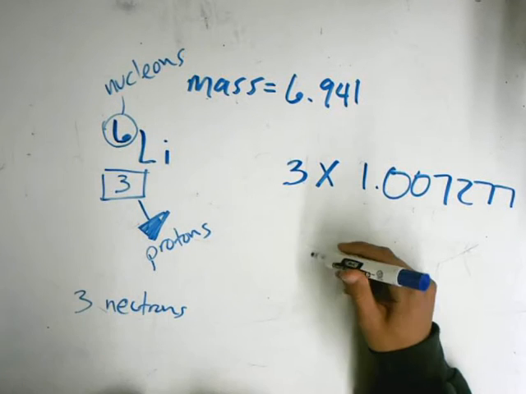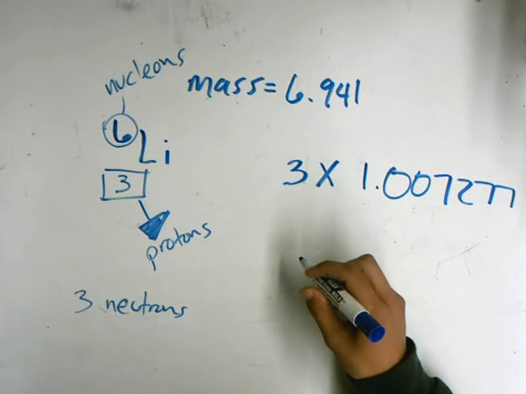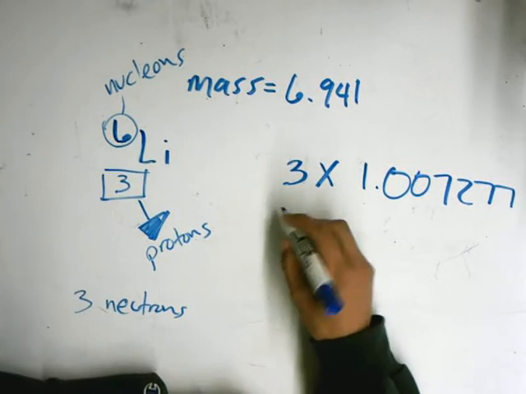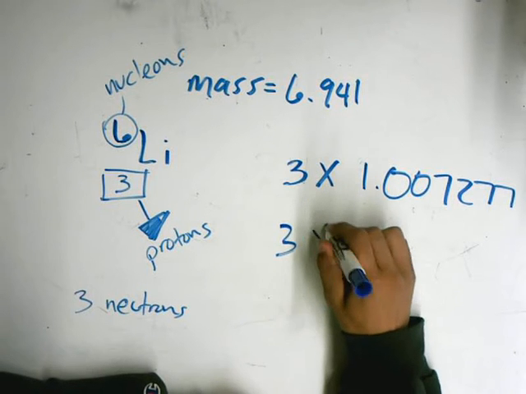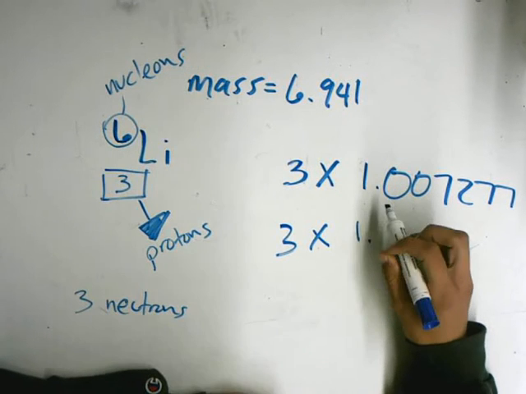And then you're going to take the number of neutrons, which is also 3 in this case, and multiply it by 1.008665.